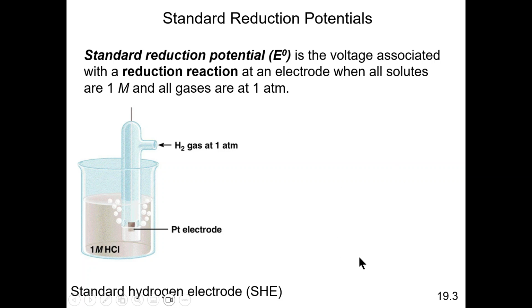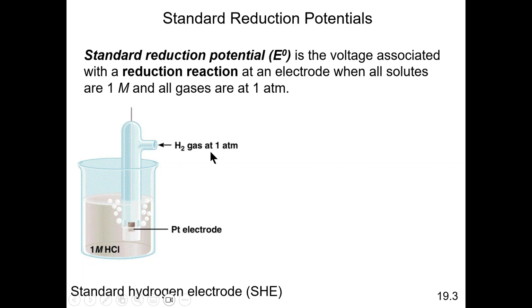So the special half cell is known as the standard hydrogen electrode, which is this setup right here. It is made up of a solution containing 1 molar hydrogen ions. In this case, the hydrogen ions are provided by the hydrochloric acid here. You have a platinum electrode, which is an inert metal, which allows for the electrons to enter into the solution or out of the solution.